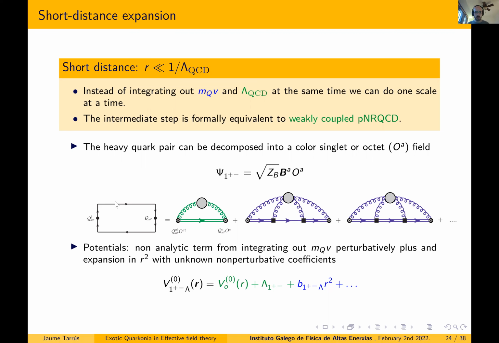Then what we can do is expand the Wilson loops in terms of diagrams in pNRQCD. These are diagrams in position space. The leading order term is just the free propagation of the heavy quarks in an octet state, and this gives us this contribution to the potential, which is the octet potential, computed in perturbation theory.